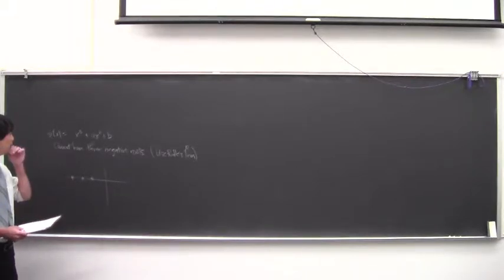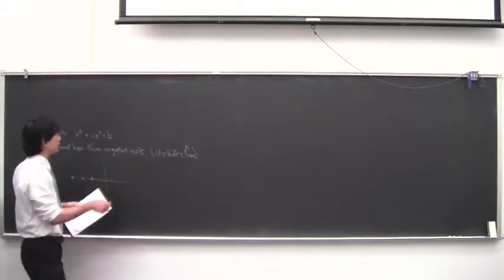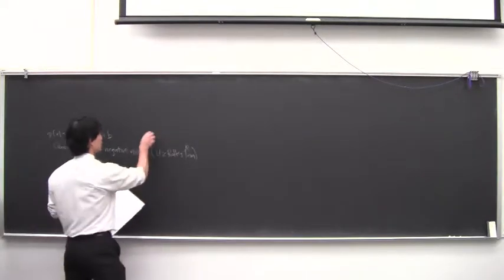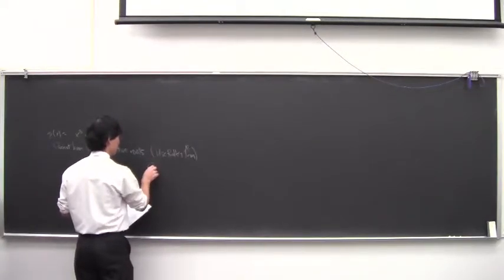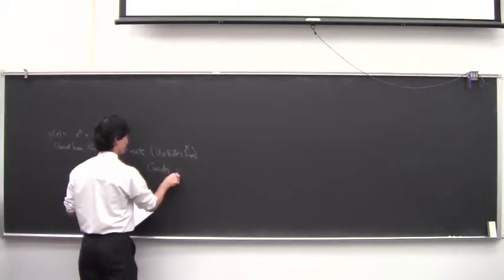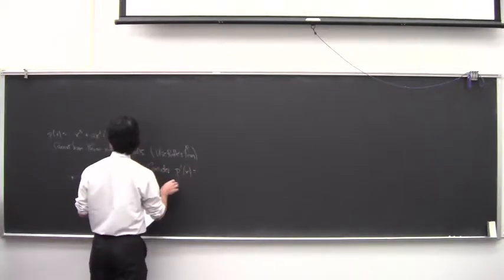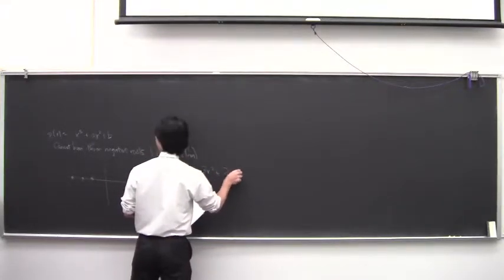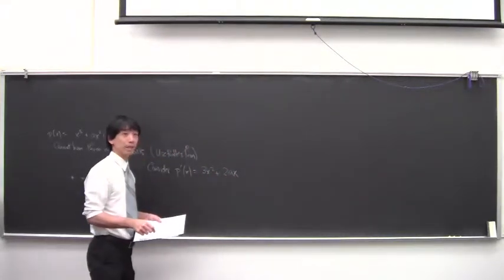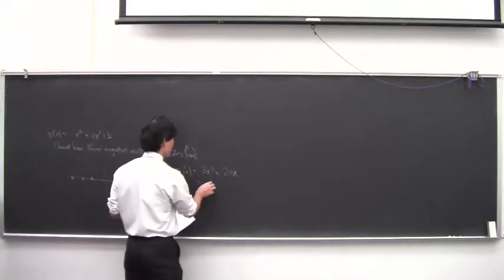So let's consider p prime. p prime is 3x squared plus 2ax plus 0, right? If you solve for 0, you get a negative root.